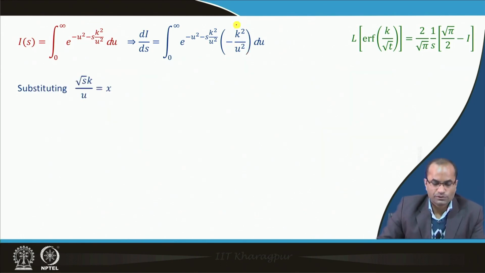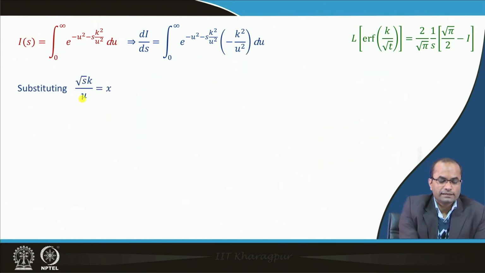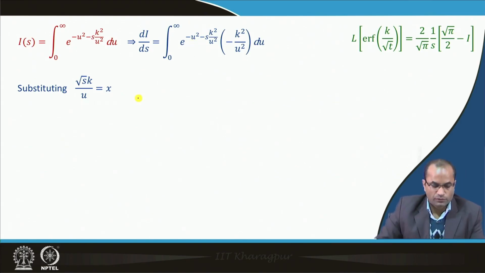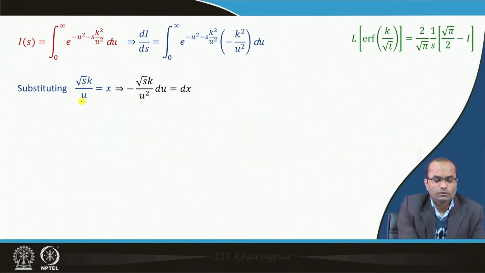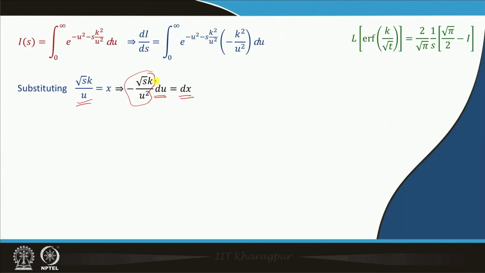So, the k square anyway can be taken outside. So, we will make a substitution here that square root s, k over u is x. So that here we will get a whole square term of x square, and let us see what comes out after this substitution. So, with this substitution we got that du is equal to dx, and there is a factor here square root s k over u square.